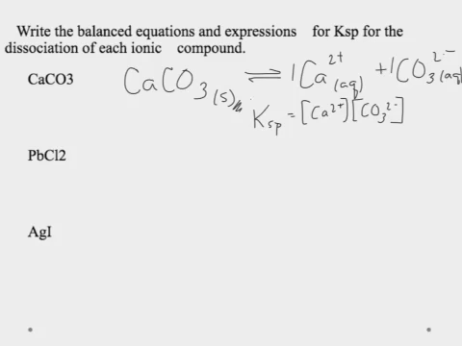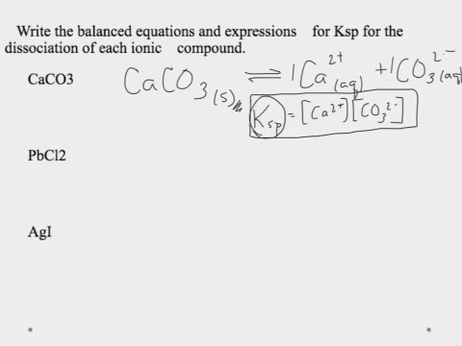So this is our new equilibrium expression for solids that are put into solution and dissolving into their ions. The K value is a constant that can be looked up in tables in the back of the book or in the chapter, or you can Google them. All the Ksp values for every solid are known.